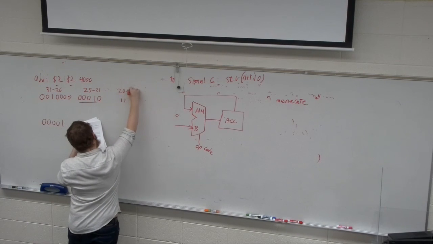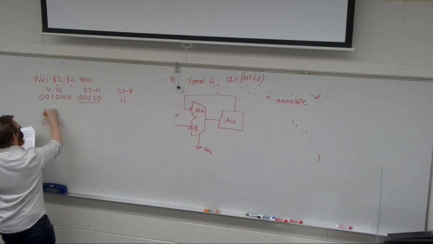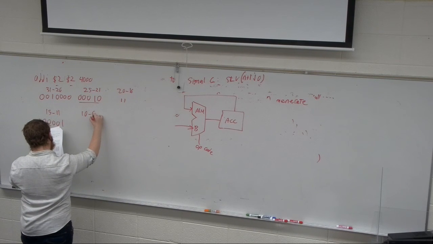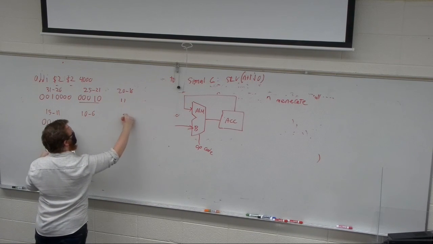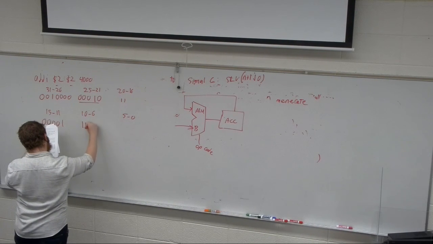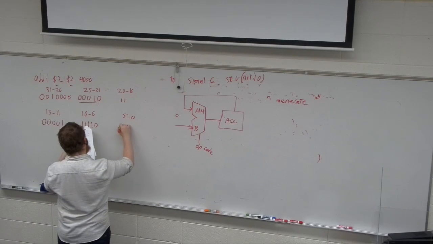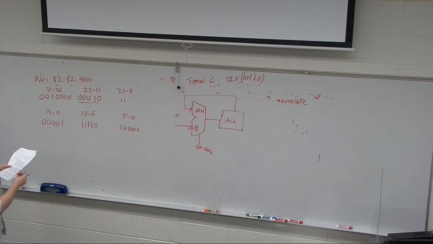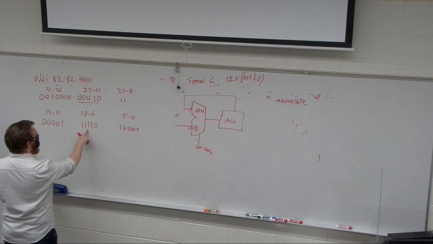Bits 20 to 16. 11, 10 down to 6, and 5 down to 0, right? And it's saying that 10 down to 6 on add immediate would be 10 down to 6. What is this in binary or in decimal?